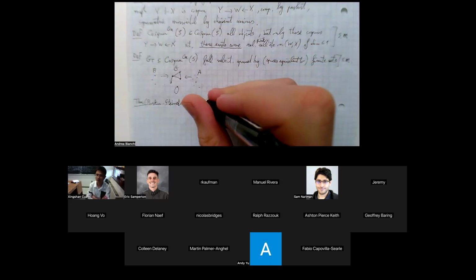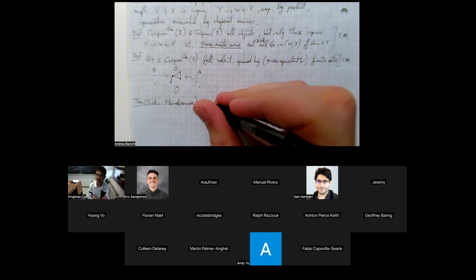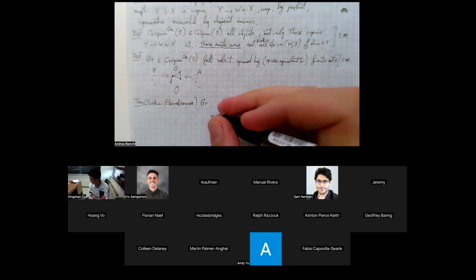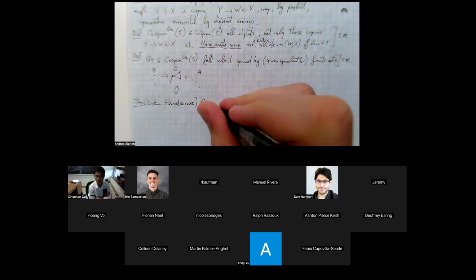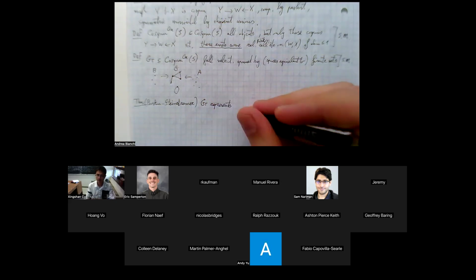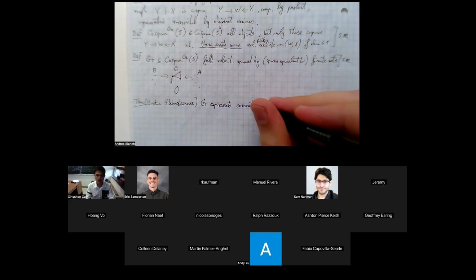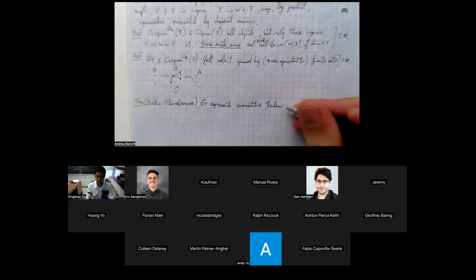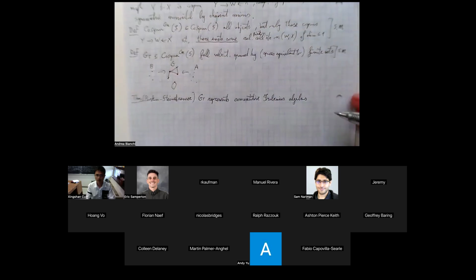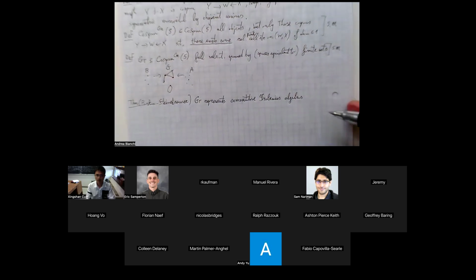And the thing that they prove is that GR, which is a symmetric monoidal infinity category, represents commutative Frobenius algebras. So in the abstract, I've written Frobenius / Calabi-Yau, and the reason is that there seems to be a debate which terminology should be used.